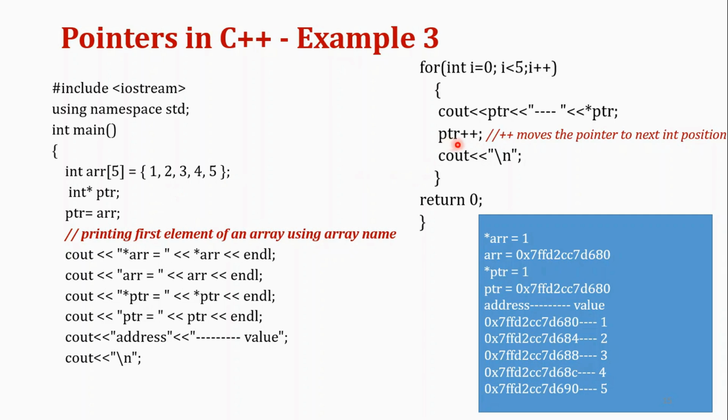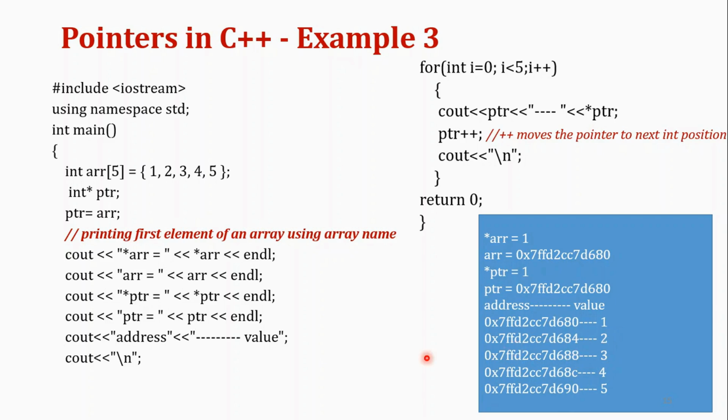If you increment a pointer variable based on the integer type, 2 bytes of memory are incremented in PTR plus plus. So after PTR plus plus, PTR will be the address of 2, and asterisk PTR will be the value 2. Depending upon the compiler, it's actually 4 bytes of memory. So 4 bytes are added and the value is 2, and then 4 bytes are added for the next value, and so on.